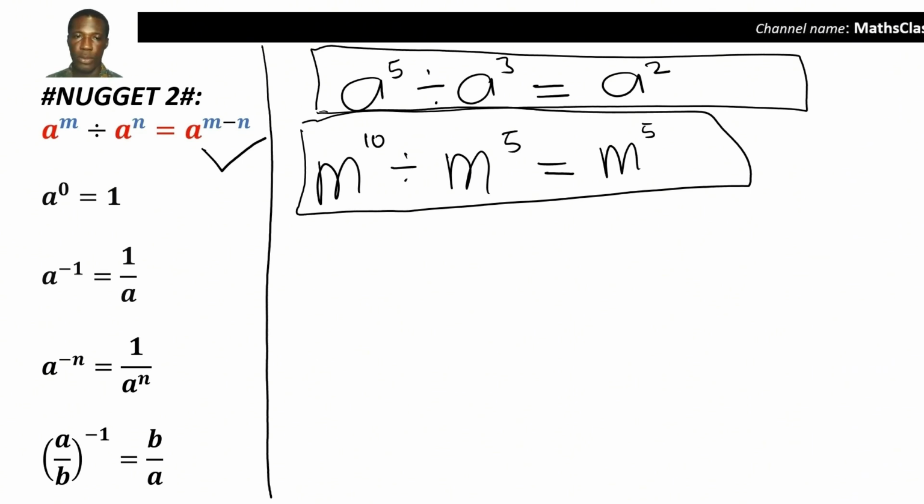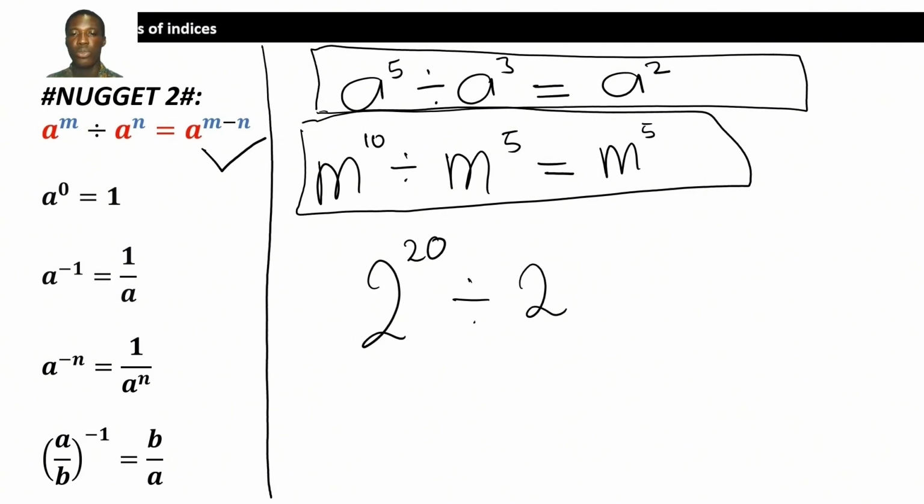Okay, so if I give you 2 to the power 20, and this is divided by 2 to the power 19, don't even trouble yourself using a calculator to find 2 to the power 20, and then afterwards divide by the other.